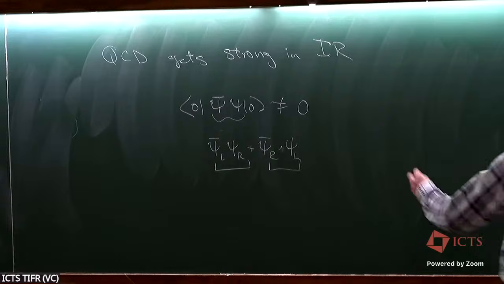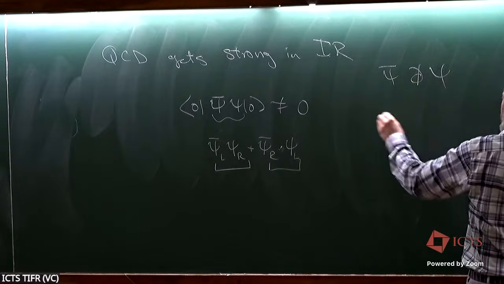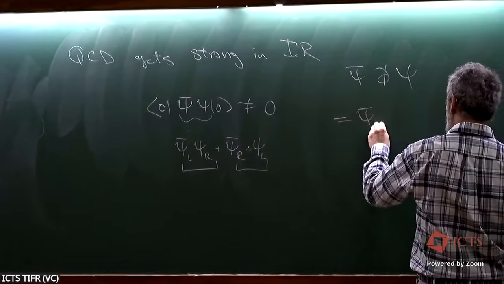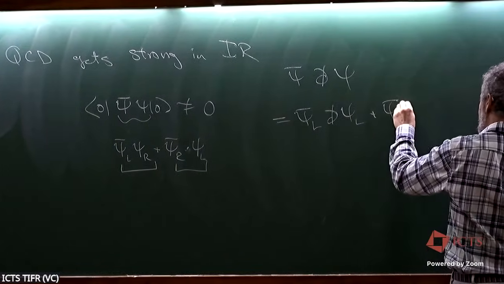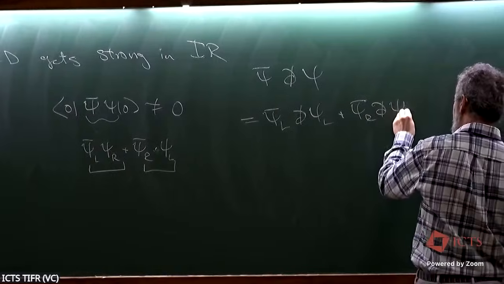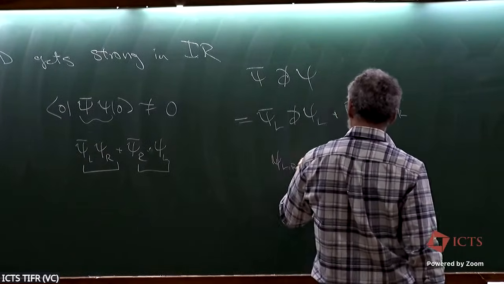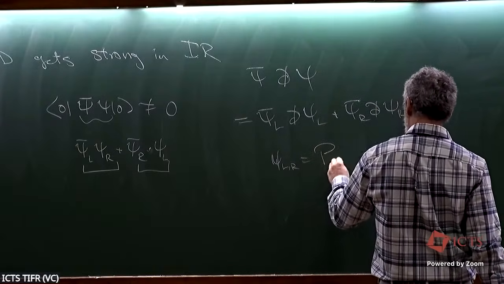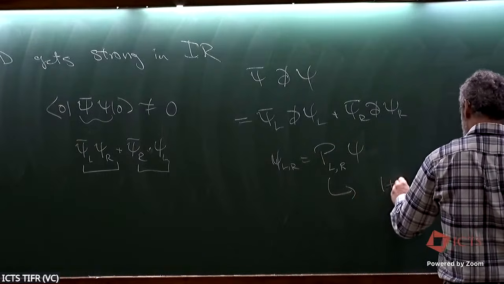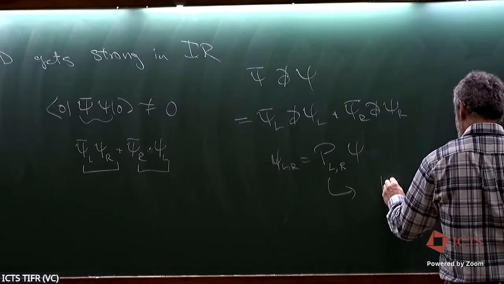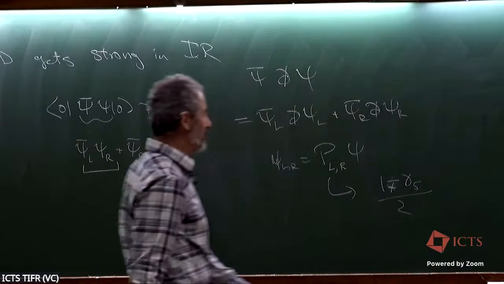If you have a free fermion with no mass term, you can write this as psi bar left plus psi bar right, p slash psi right, where psi left or right is a projection operator, P left or right, acting on psi, where this is 1 minus or plus gamma 5 over 2. And you project out the different chiral components.